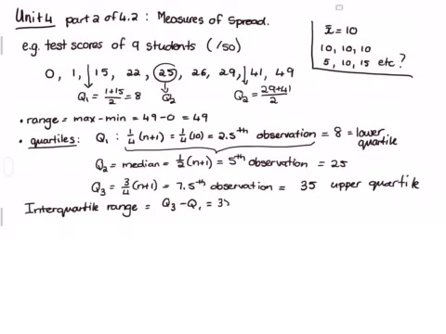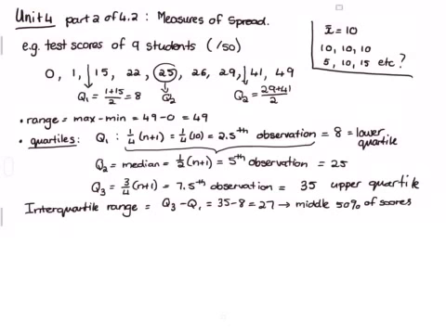So it is your 35 minus 8, 27. That tells you that the middle half of your marks, middle 50% of your scores, was spread over 27 marks. Or you could say the middle 50% of your scores are between the values of 8 and 35.